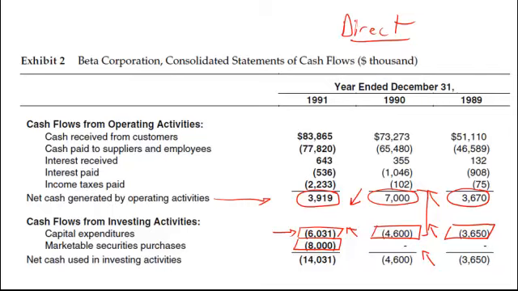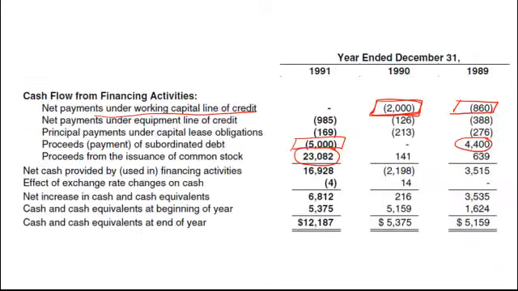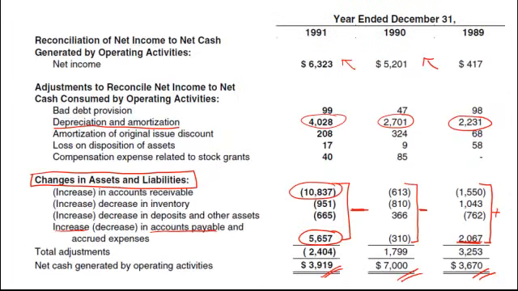To answer that, we need to compare the capex amount to the depreciation on the income statement. Depreciation numbers are shown under the reconciliation, and in 89, 90, and 91, in all those years, capital expenditures were larger than depreciation and amortization. That would be an indication that our investment in our asset base is going up every year. The company is probably growing at this stage.